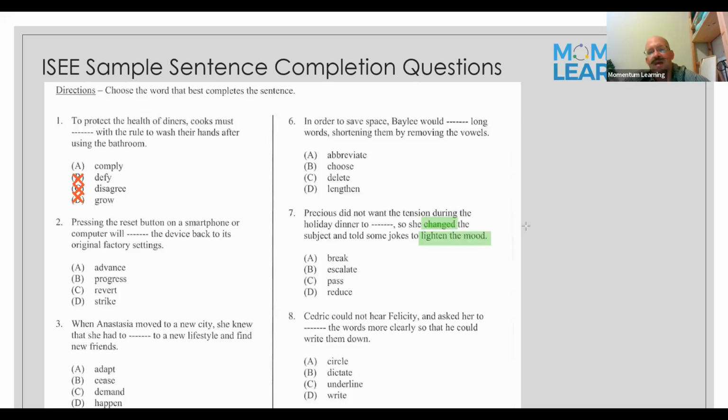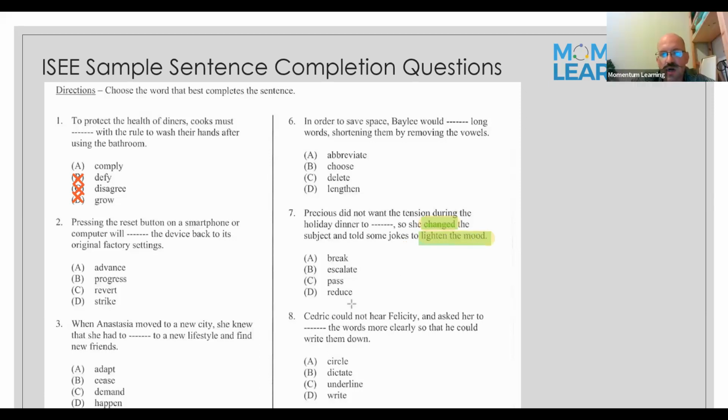Now if you are changing the subject and you are lightening the mood, are you wanting the tension to go up, okay, or down? Olivia, are you wanting the tension to go up or down if you're trying to lighten the mood? Down. Yeah, you're wanting it to go down.